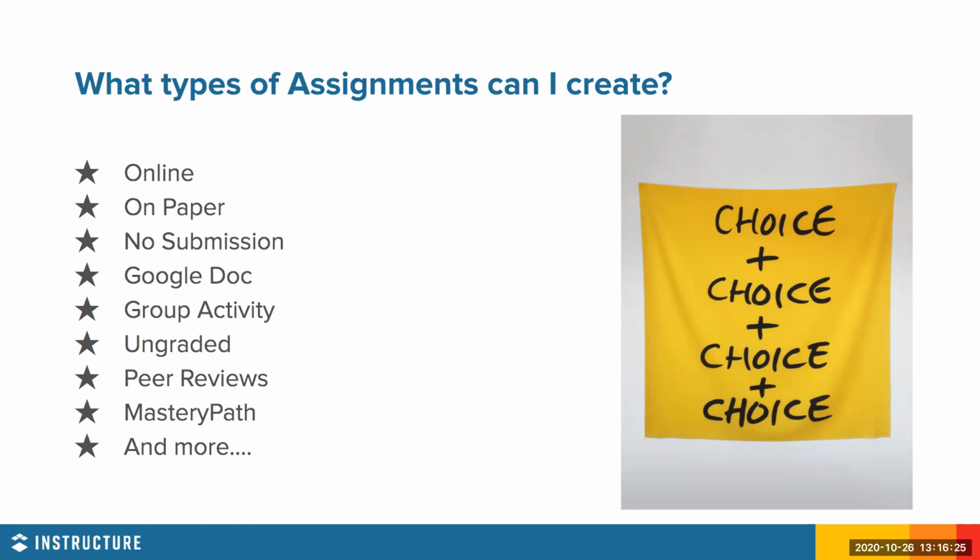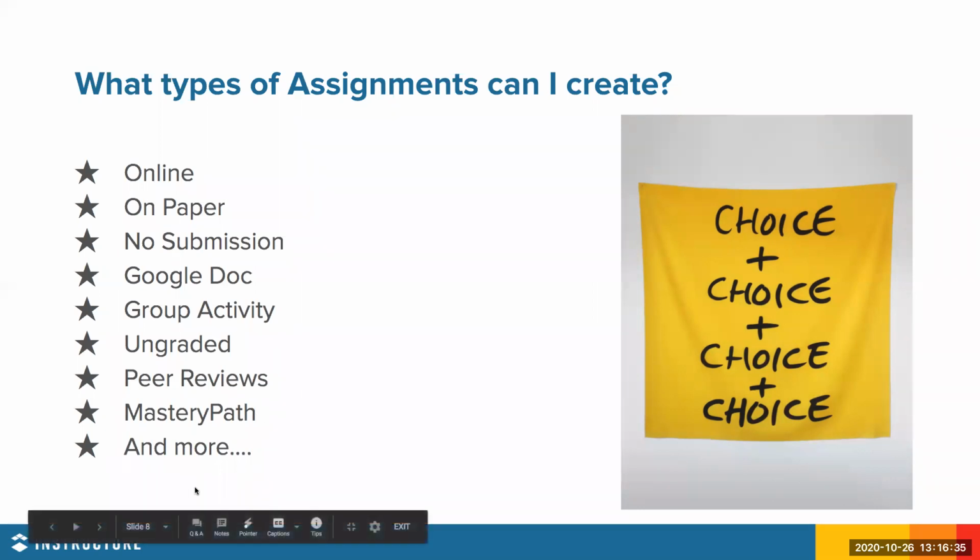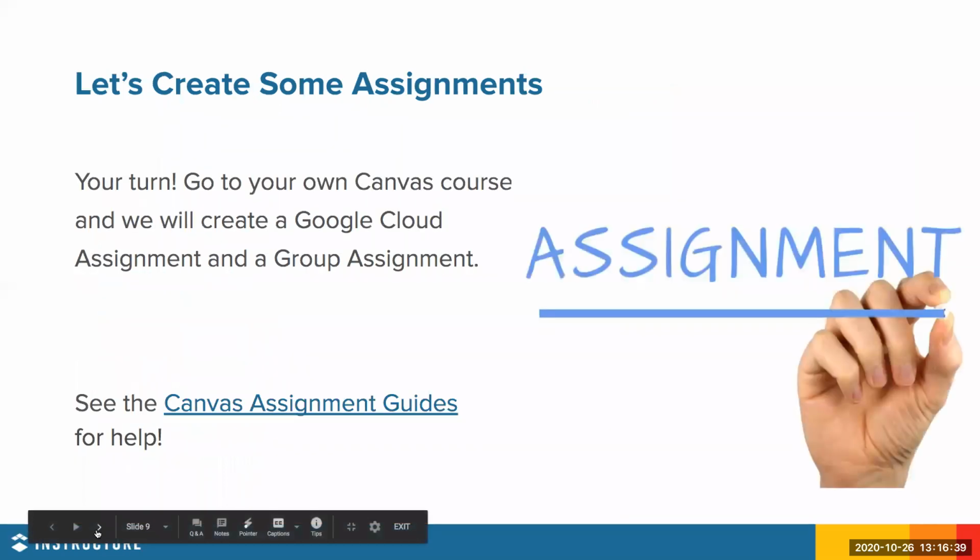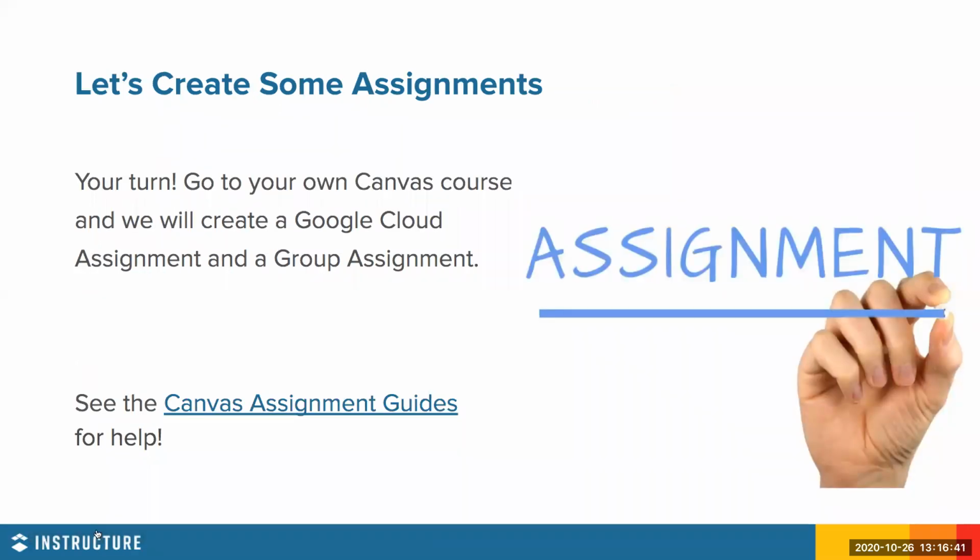Again, you can create a Google Doc, a group activity, something that is ungraded. So students would take action, but it's ungraded. You can have peer reviews. And again, we talked about Mastery Pass just a little bit before, but lots of choice there in the types of assignments you can create.